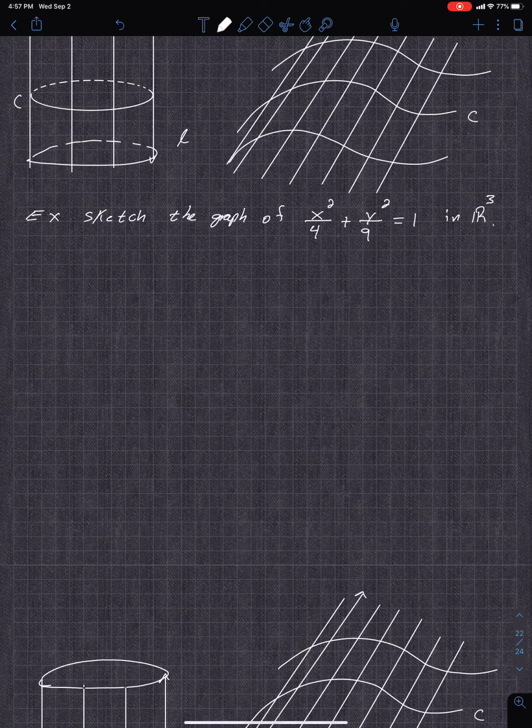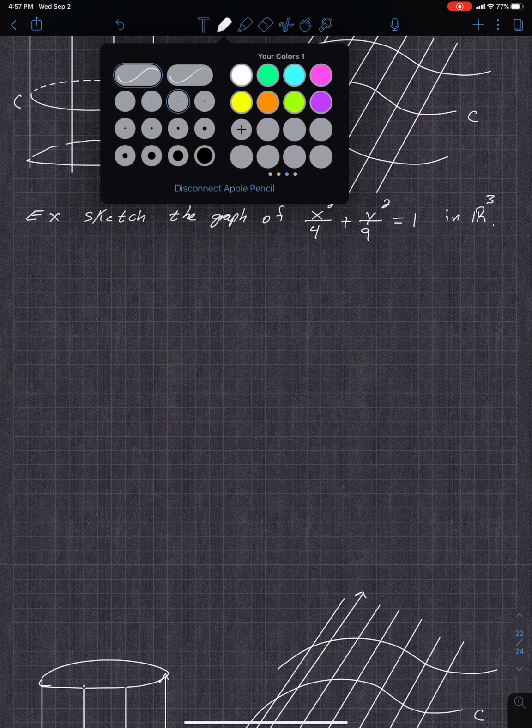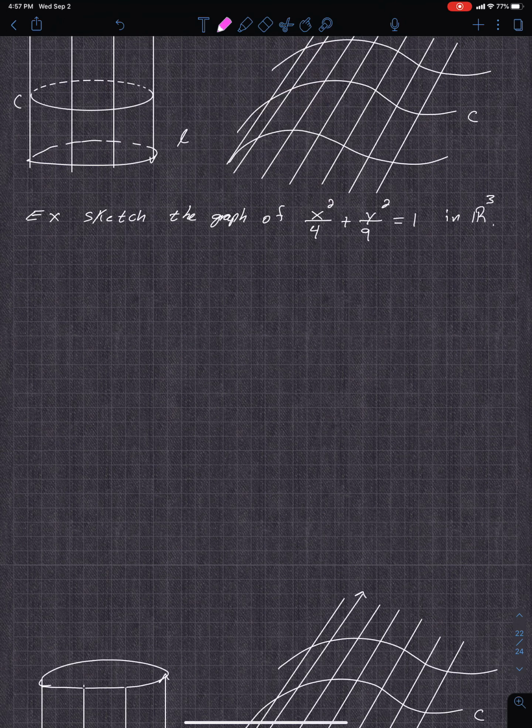Again, what's not stated precisely is that z is arbitrary in the reals. So you still have a z value that goes anywhere. So let's sketch these, and we're going to get into sketching more and more stuff.